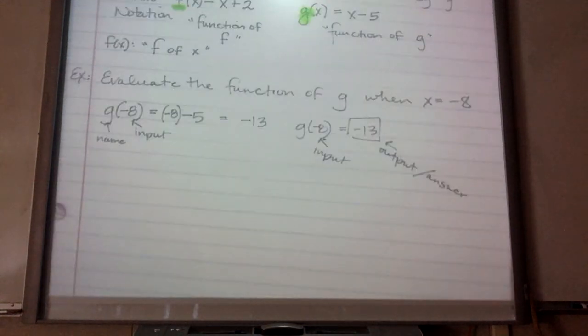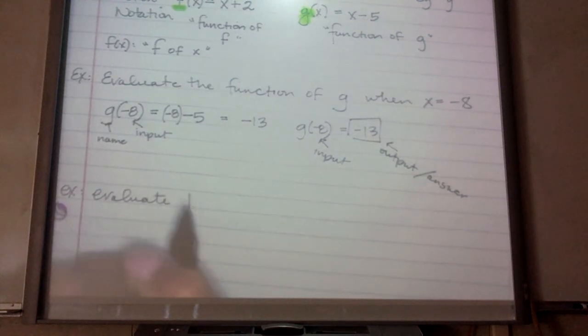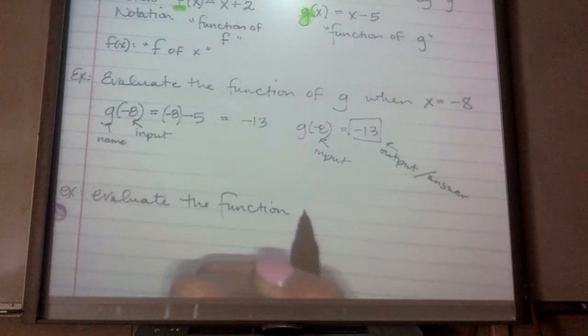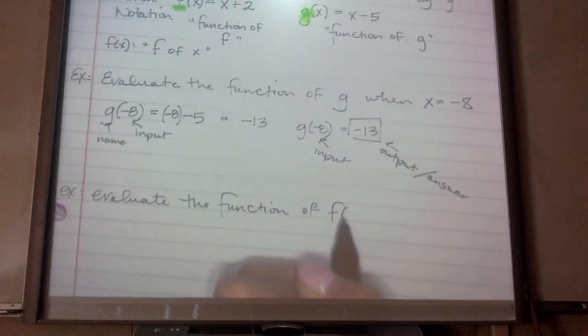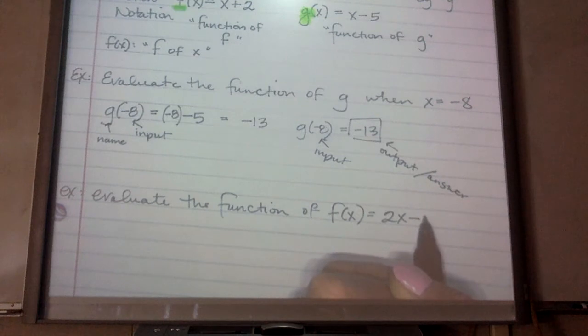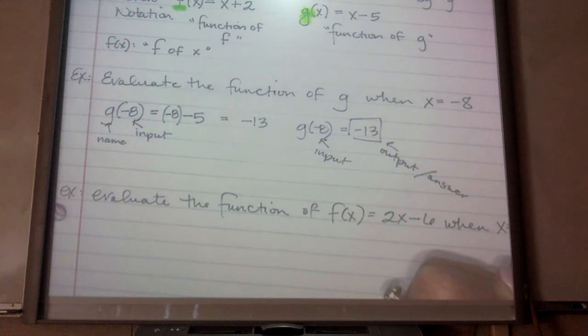Okay, now what if I ask you to evaluate the function f of x equals 2x minus 6 when x equals, I don't know, negative 4. Hope you guys can see all of that.